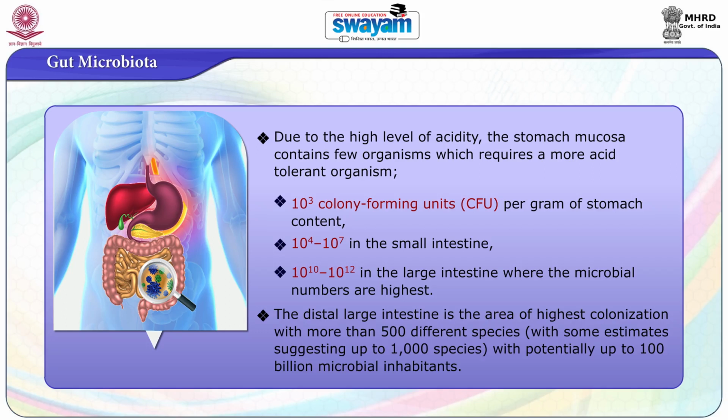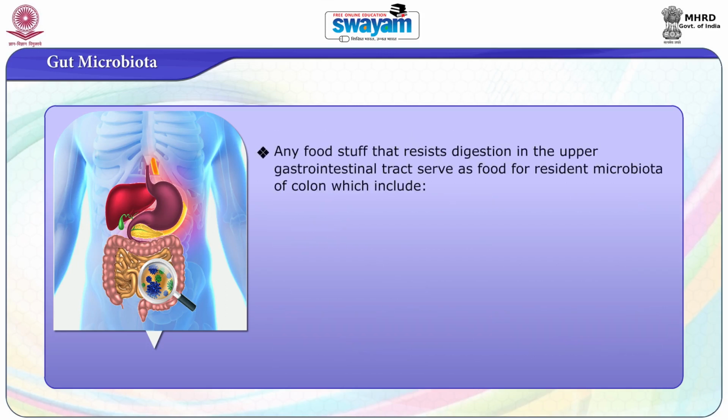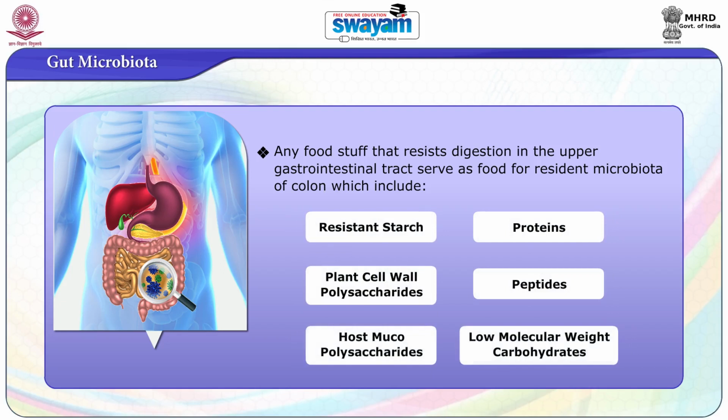The microbes residing in the gut depend upon a supply of fermentable substrate for their growth and activities. Any foodstuff that resists digestion in the upper gastrointestinal tract, that is in the stomach and small intestine, serves as food for the resident microbiota of the colon, which includes resistant starch, plant cell wall polysaccharides and host mucopolysaccharides together with various proteins, peptides and low molecular weight carbohydrates.